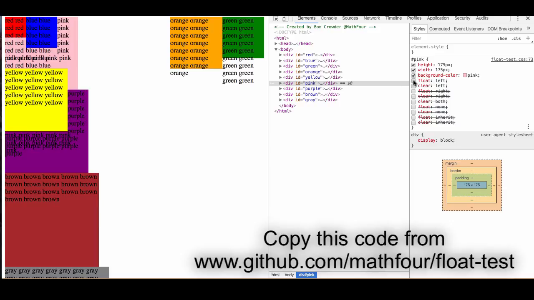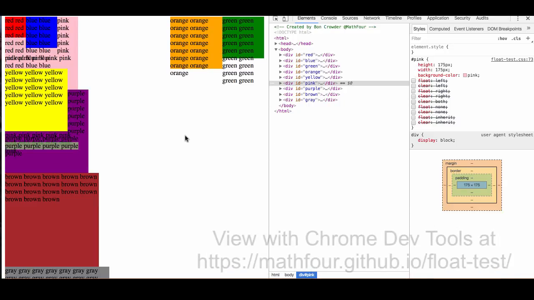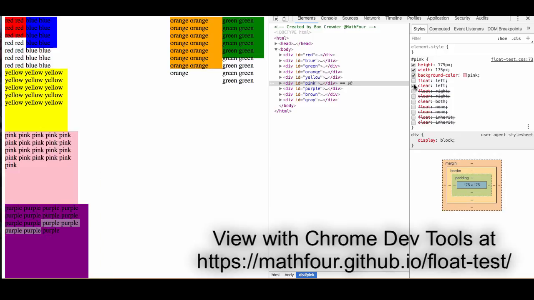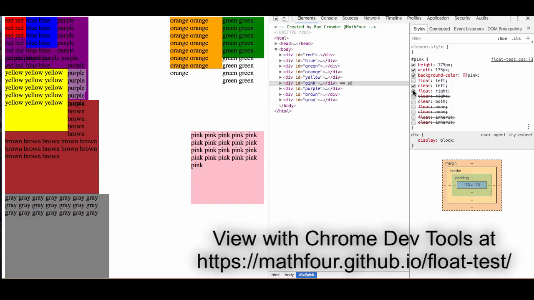I bet if I clear right and float right, he's going to go over here is what I think. Clearing the yellow, but floating on the right. So let's clear left and float right. Whoa, my heavens.